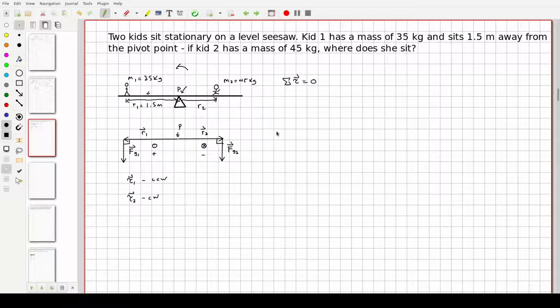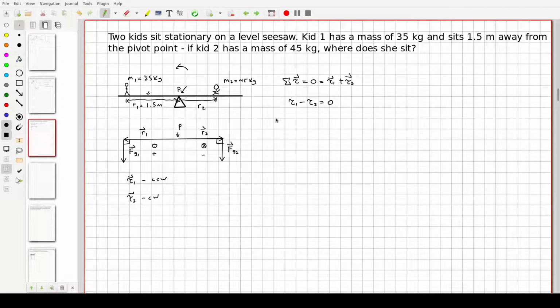So what we have here are two torques, torque 1 and torque 2. They add to 0. Here, torque 1 adds in as a positive. Torque 2 adds in as a negative.